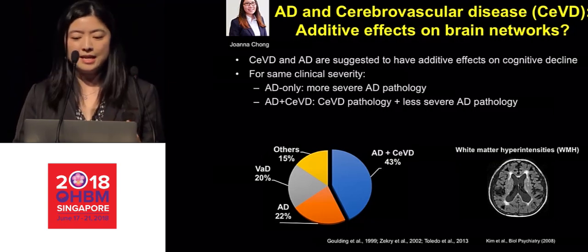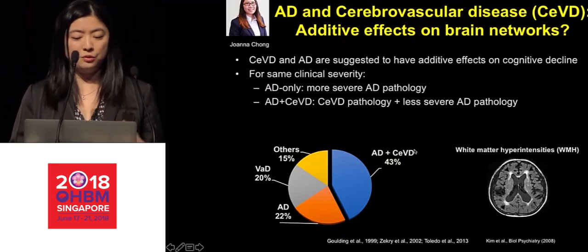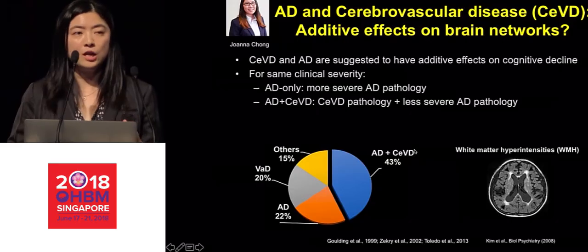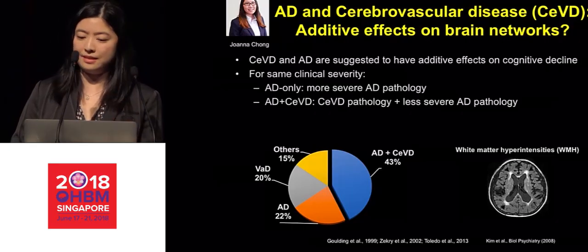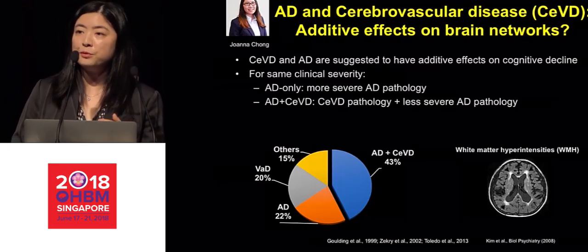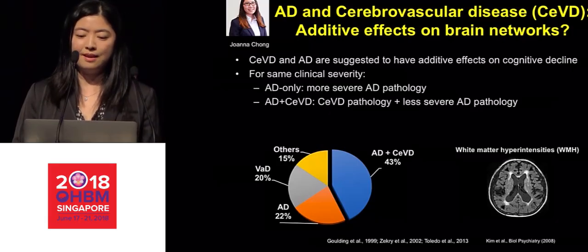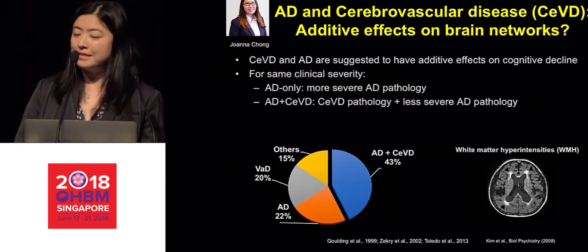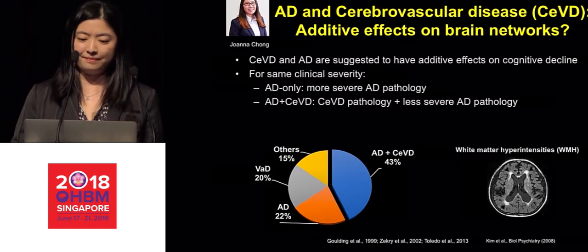However, this study only examined AD patients without comorbid conditions. As you know, AD frequently coexists with cerebrovascular disease. In fact, AD with cerebrovascular disease has become the most prevalent dementia subtype, especially in Asia. On its own, cerebrovascular disease is associated with decline in processing speed and executive function.